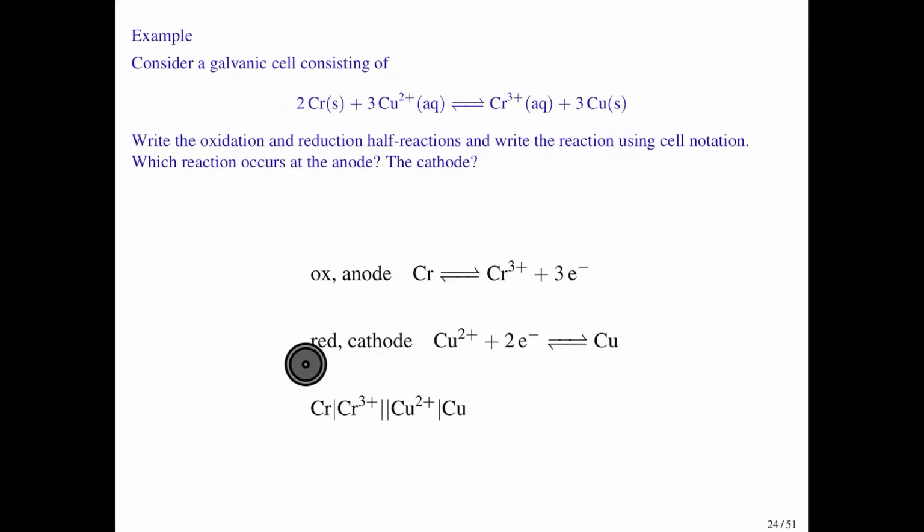So you're going to have chromium, and then there's going to be a phase difference between the chromium and the chromium 3 plus in the electrochemical cell. So there's a vertical bar. Then we have the salt bridge, and then we'll start with the notation for the cathode. We've got the copper 2 plus, a phase boundary between the electrolyte solution and the metallic electrode. And so that's our cell notation for this particular redox reaction.